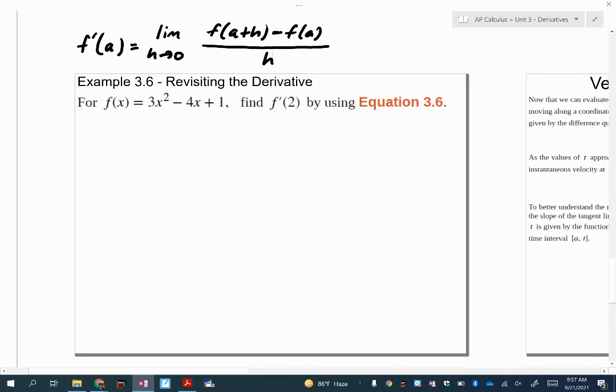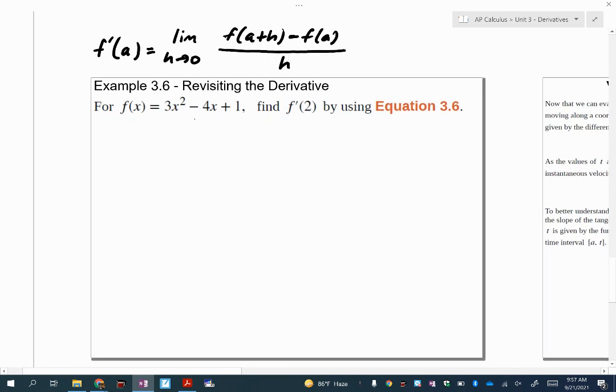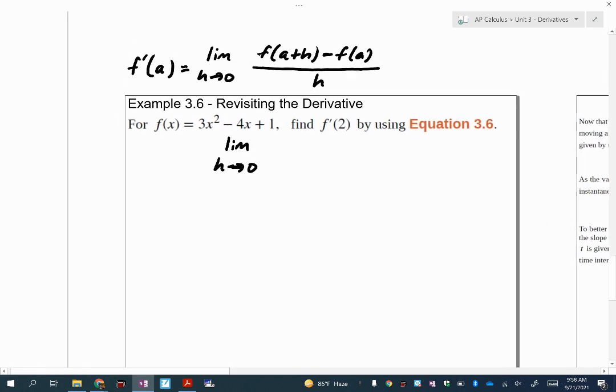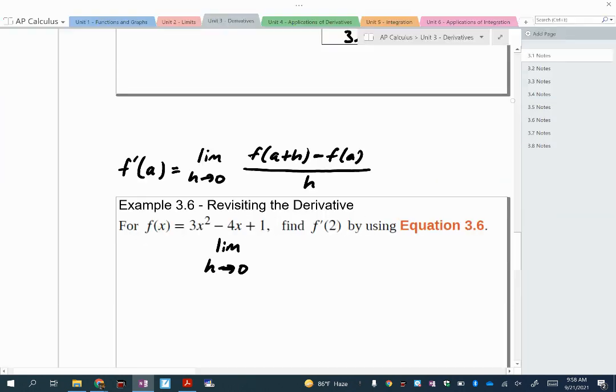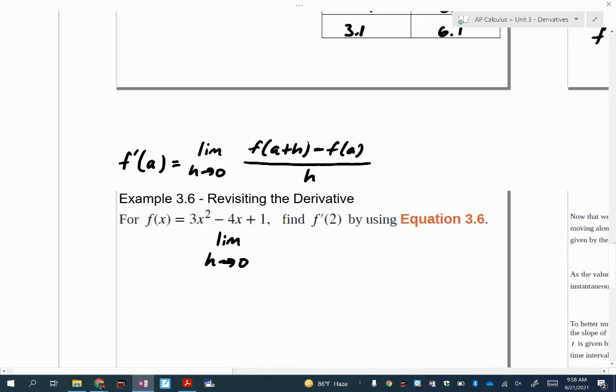Here we go. We're going to do the limit as h approaches 0 of, and I'm going to do some side work here. I need to figure out what f of a plus h is. I'll do some work over here. So that's going to be 3 times a plus h squared minus 4 times a plus h plus 1.